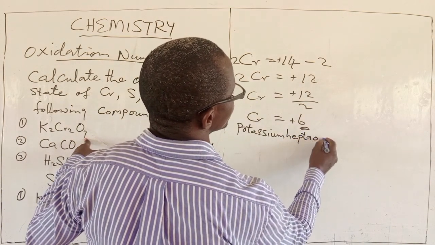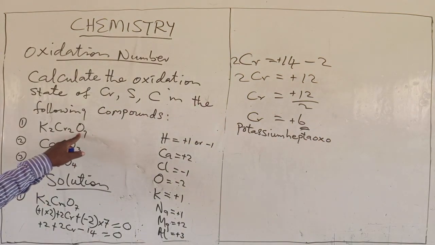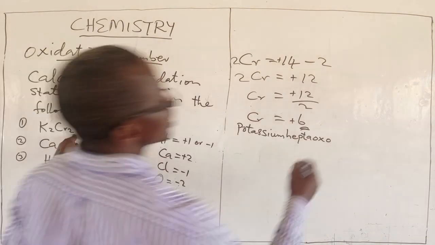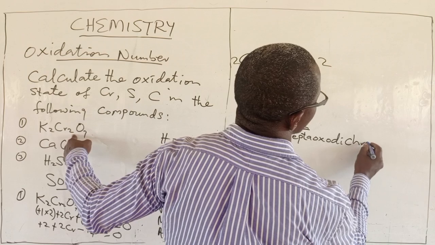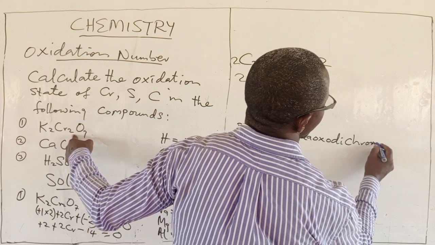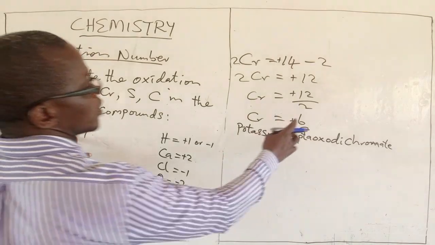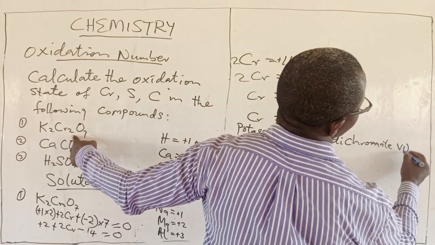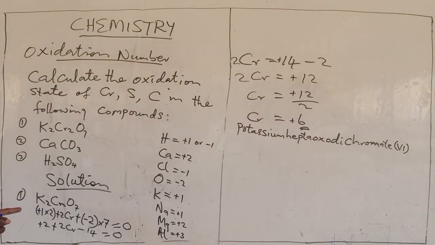Heptaoxo. How many chromate? 2. We say 2 is what? Dichromate. Chromate what? We calculated 6. Dichromate(VI). Okay, that's for number 1.